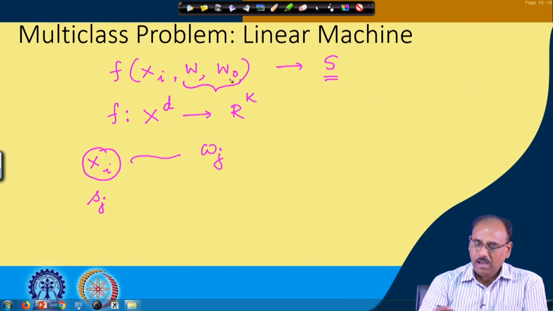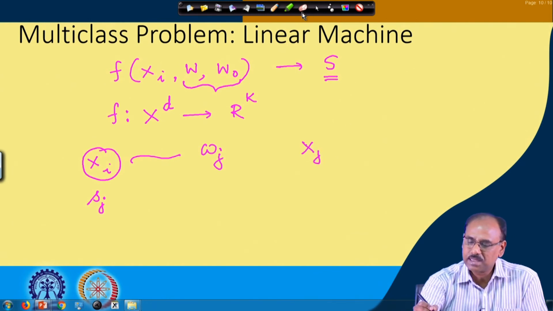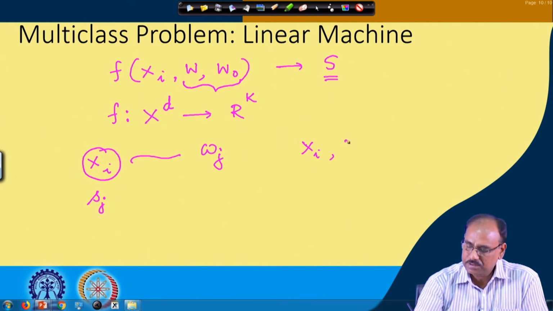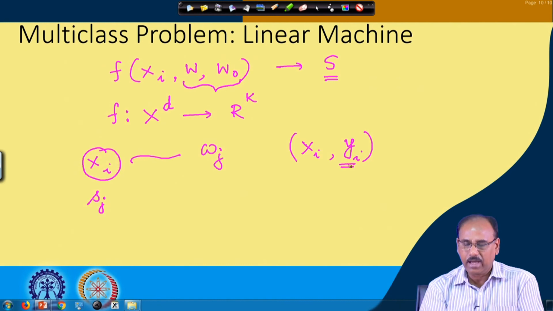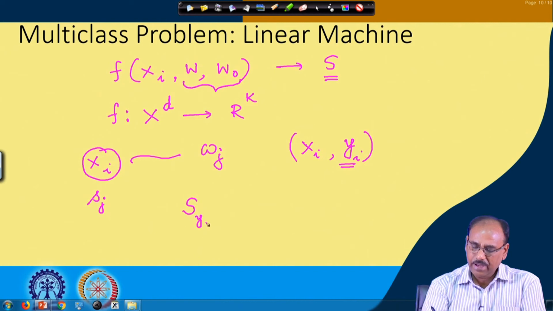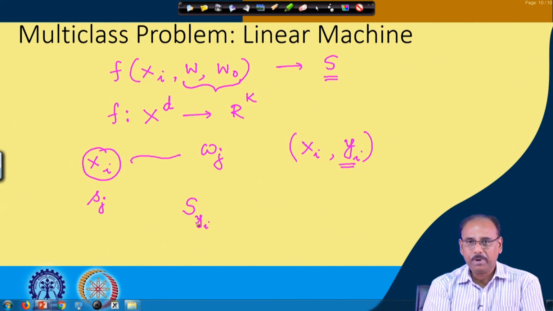And now, if my training vector says that this x I is taken from class omega I, or the corresponding class index is y I, then obviously what I would like to see is that for the score function S, the y Ith component of this score function should be maximum, so that the classification as given by this linear machine is correct.